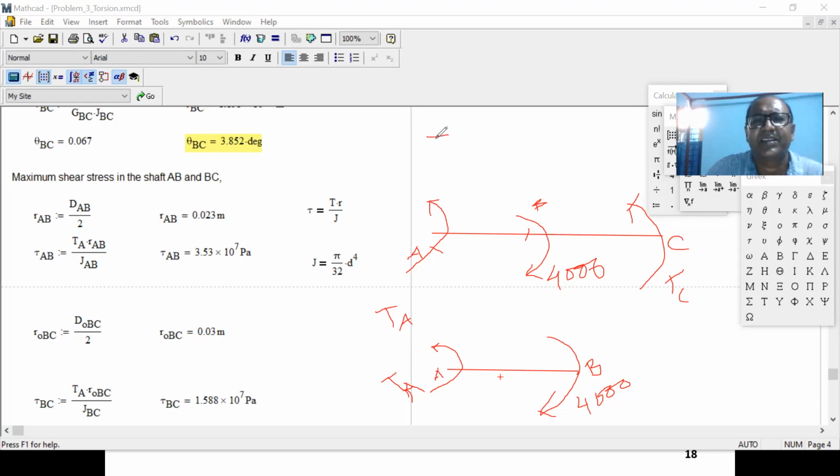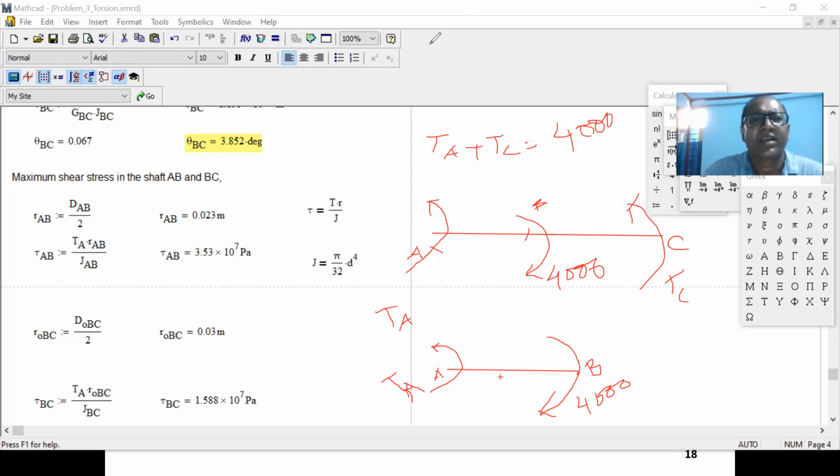Because TA plus TC, if you add together, both has to be 4,000. This reaction torque will be equal to the 4,000. So if I put TA equal to 4,000, then TC is 0. That means member BC has no torque. So you cannot put 4,000 in AB.